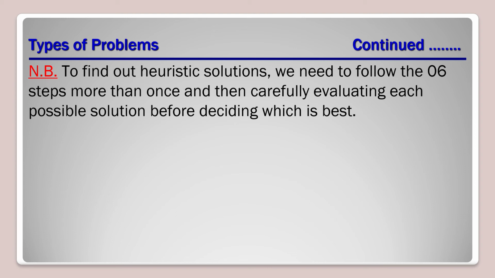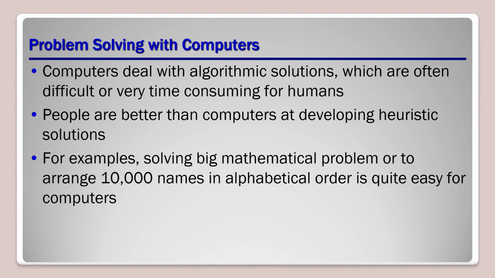Likewise, if the type of problem is a generic problem, you can just follow those 6 steps. In heuristic types of problems, you again need to follow all those 6 steps, but you need to go through those steps again and again so that you can choose the best option. Okay guys, hope this video will help you a lot.